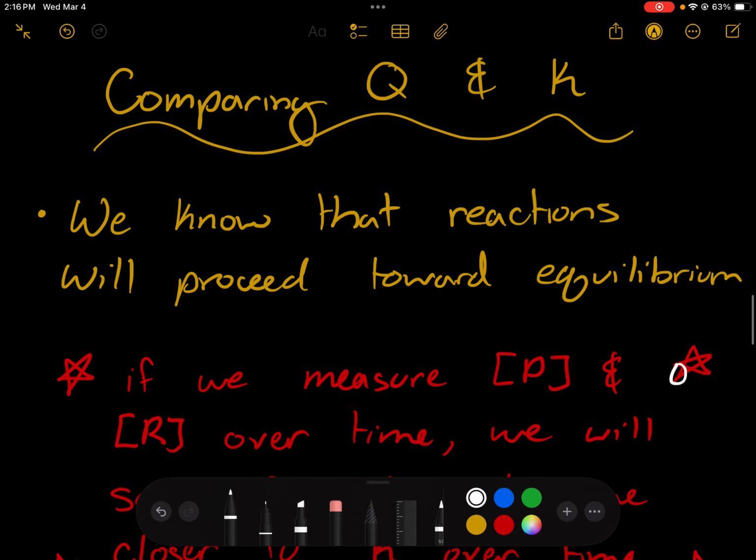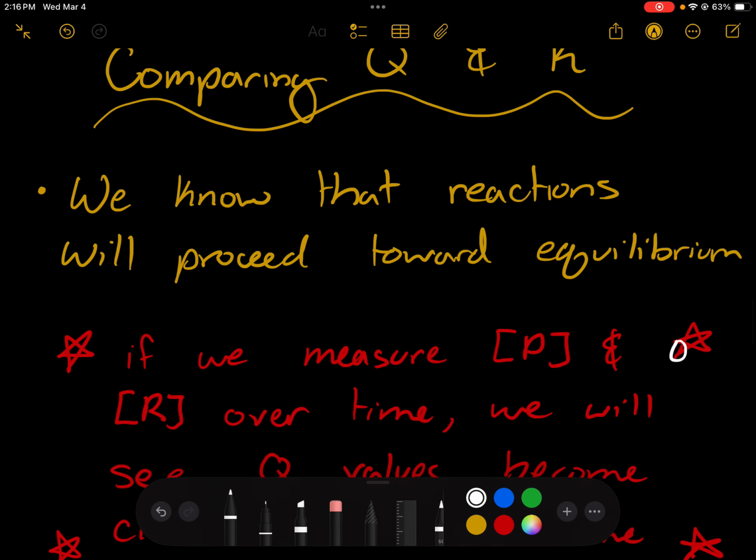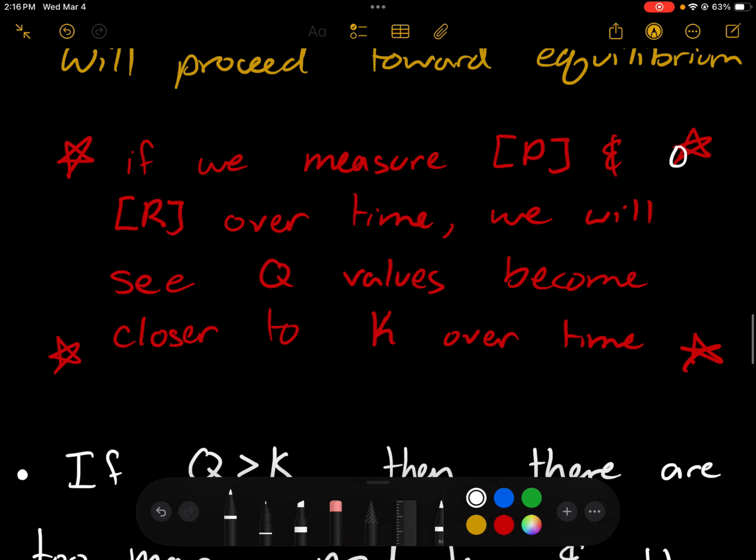In terms of comparing Q and K values, that's how we can predict the direction that reactions will go towards equilibrium. We can do that because we know that over time, a reversible reaction, when left alone, will establish equilibrium eventually, which means that it's constantly going to be moving towards equilibrium. So if we measure the concentration of products and the concentration of reactants over time, we will see that Q values will slowly start to become closer to K over time.